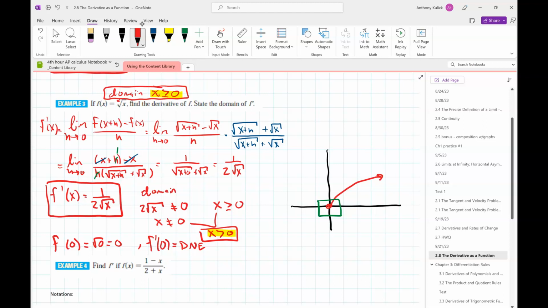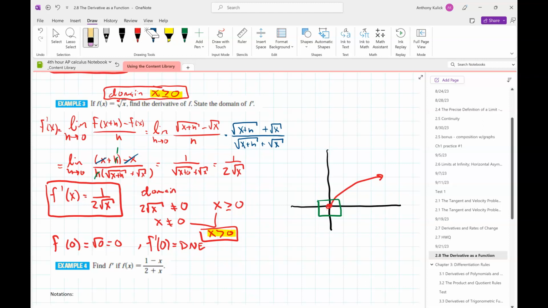Oh no! Chanel. But I didn't understand it. Wait, so why does it not exist from the left? Because there's nothing coming in, right? The function doesn't come into 0. That's what the left-hand limit is, what the left side of it is approaching. There's no left side at 0. It's not continuous from the left. It's only continuous from the right.